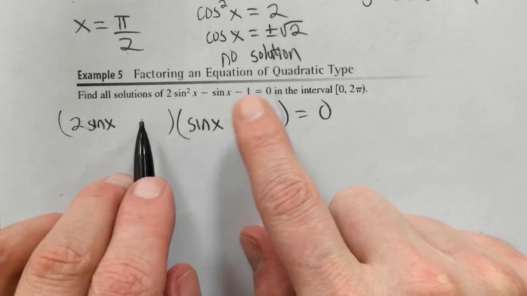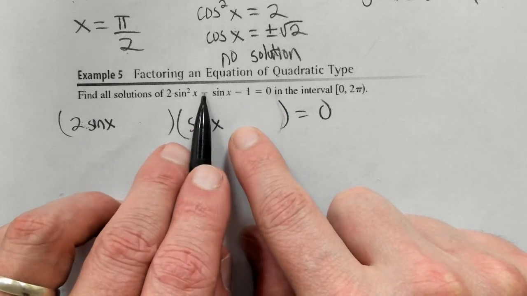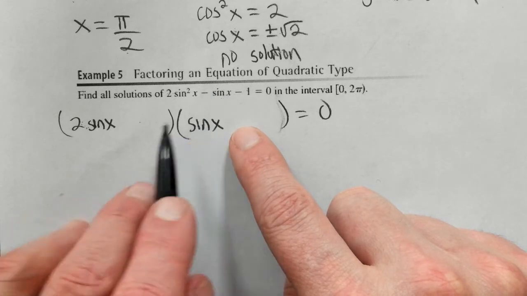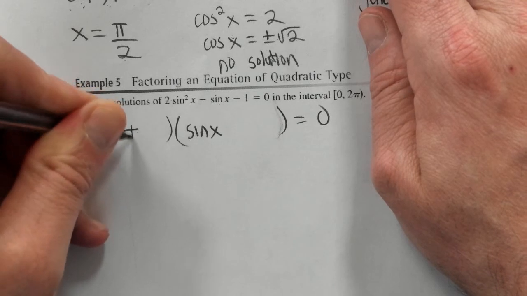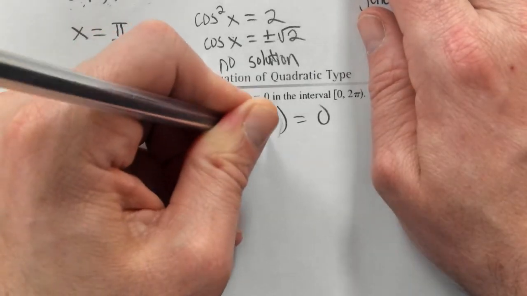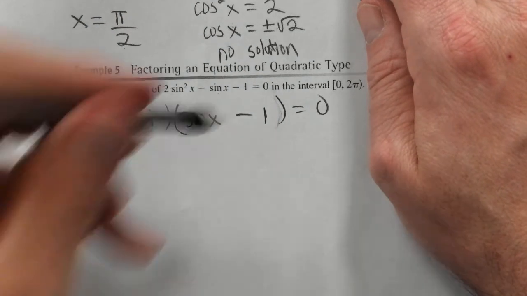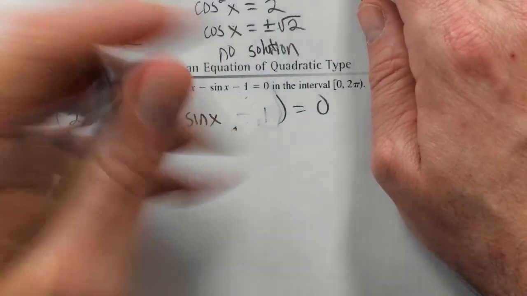So I know it's got to be a positive and a negative, but at the same time, the middle term is negative sine of x. So I want the bigger one to be negative, which means I want my plus 1 to go here, and I want my minus 1 to go here. All right, so plus 1 goes here, minus 1 goes here.